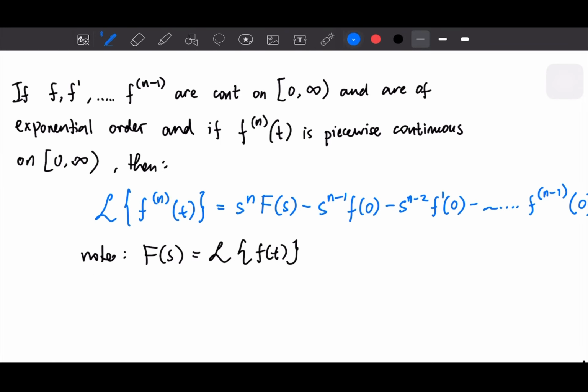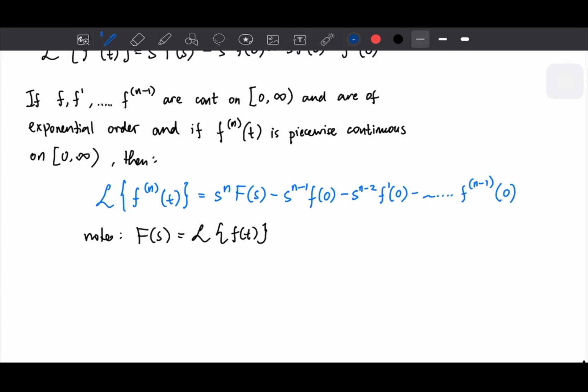So if I want to describe the process, we are going to Laplace transform differential equations. We have differential equations, and then we take the Laplace, and this will become an algebraic equation.